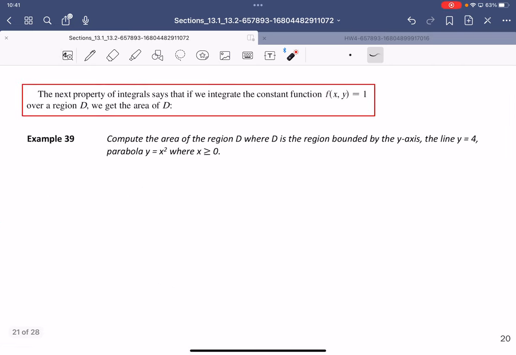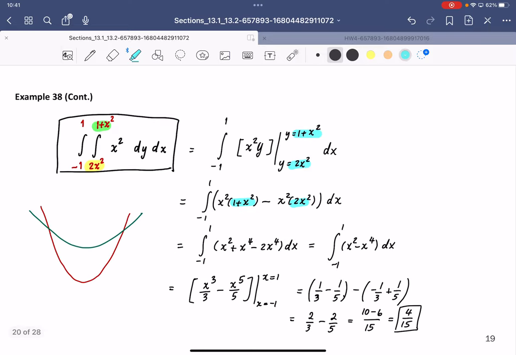All right, the next property of the integral is that if you put the constant function f(x,y) equal to 1 inside, it's going to be the area of D. You have to think a little bit, it's a little bit complicated in terms of the double integral, because the function that you have inside here is a function that is on your top part, the ceiling part.